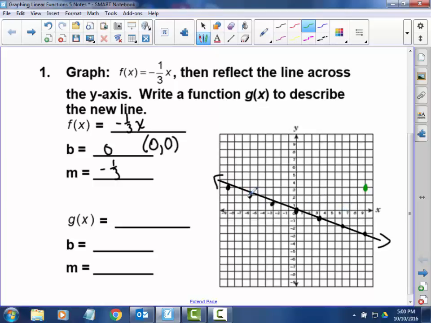We were at positive 2, so we'll still be at positive 2. So 6, up 2. Whichever method you prefer, counting, or by just knowing that since this one's at positive 3, 1, this one will be at negative 3, 1.